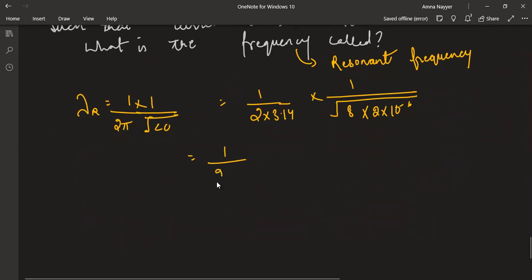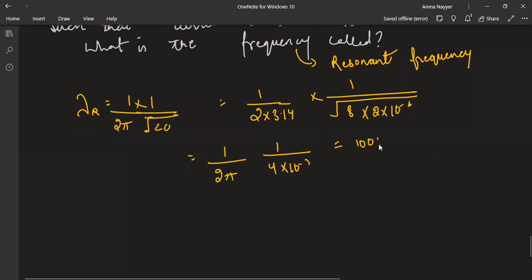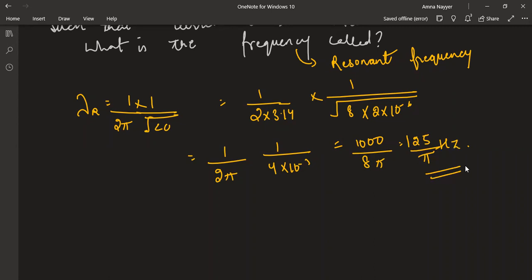So that becomes 1 by 2 pi into 4 into 10 to the power minus 3, which is 1000 by 8 pi, or 125 by pi hertz. This will be the answer.